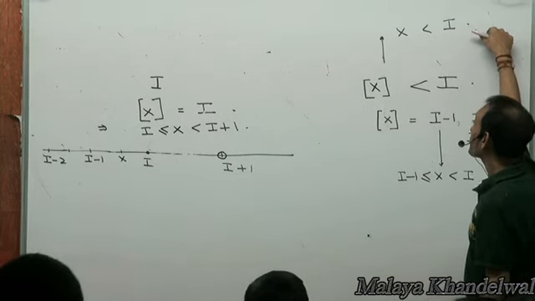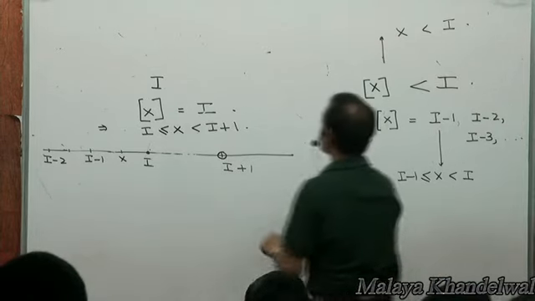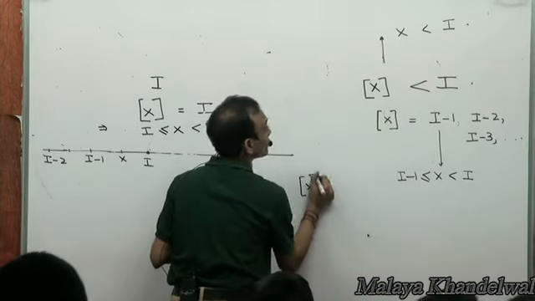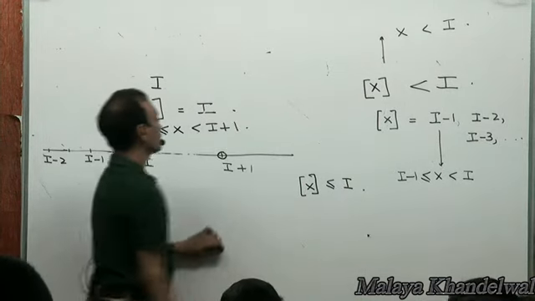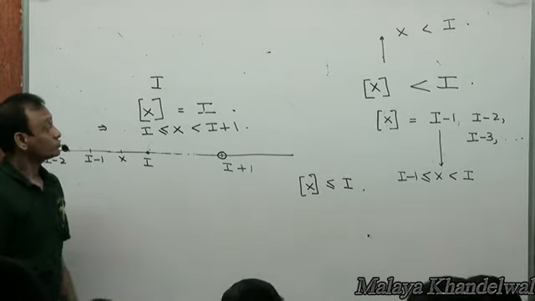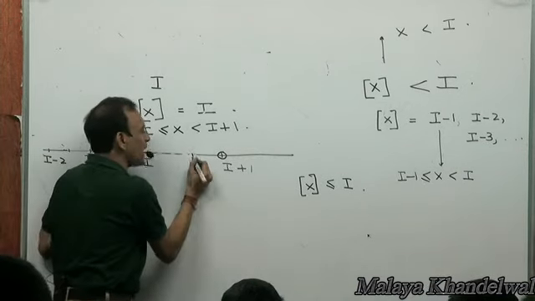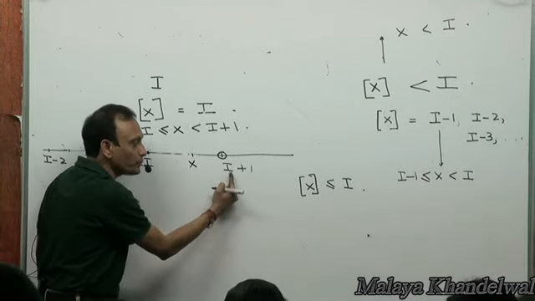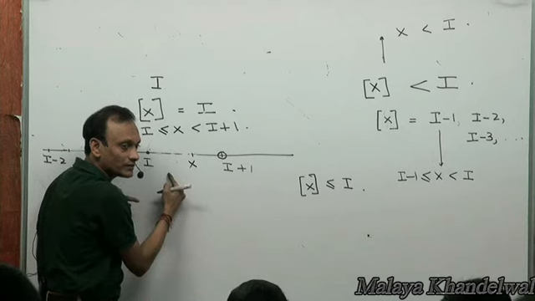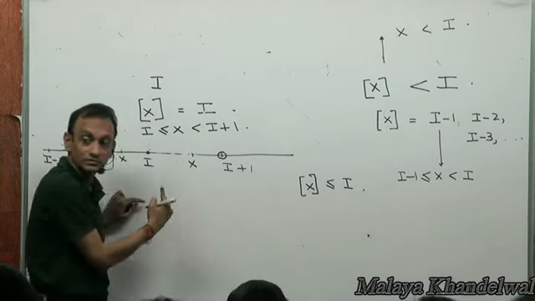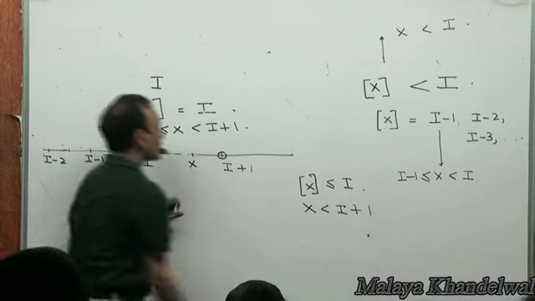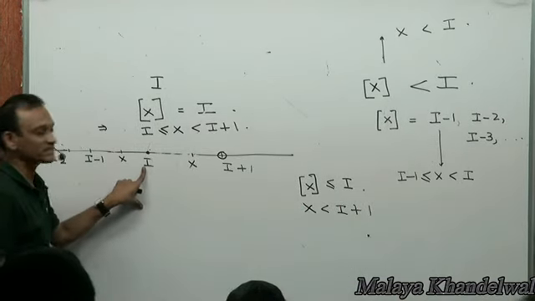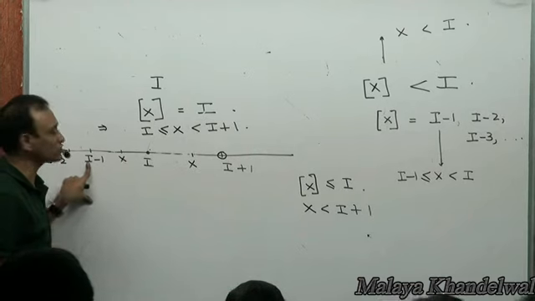But if I said box of x less than or equal to I, then x could have a value here also. All that is important is x less than I plus 1, because x could lie here, then box of x is I. If x lies here, box of x would be I minus 1.